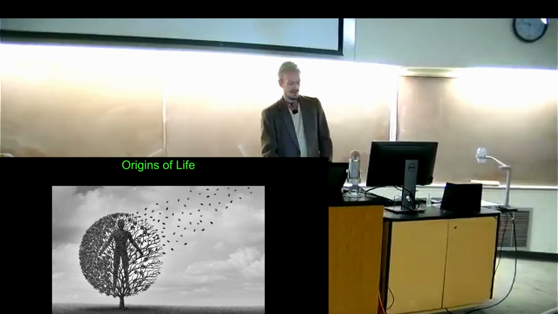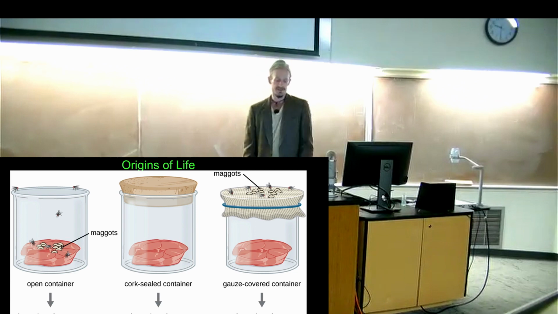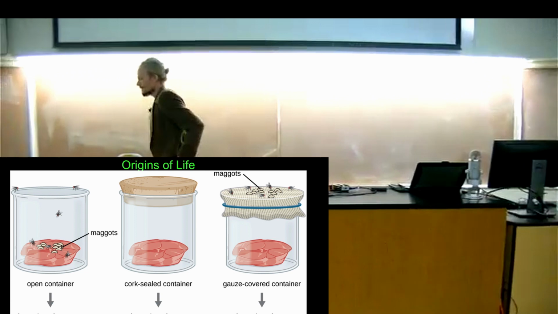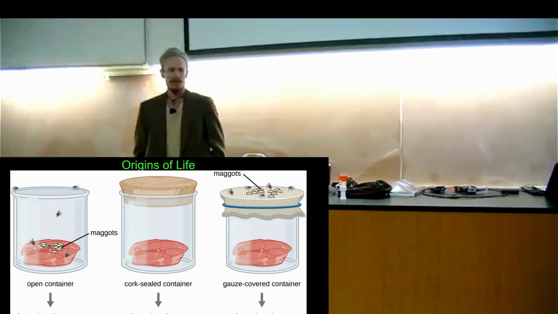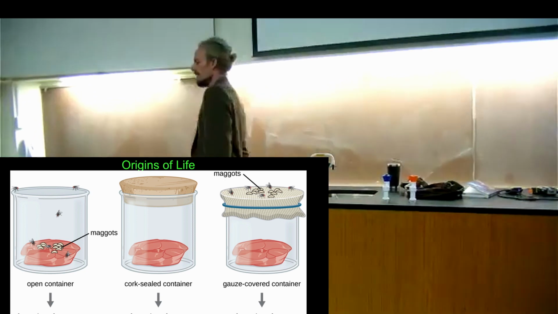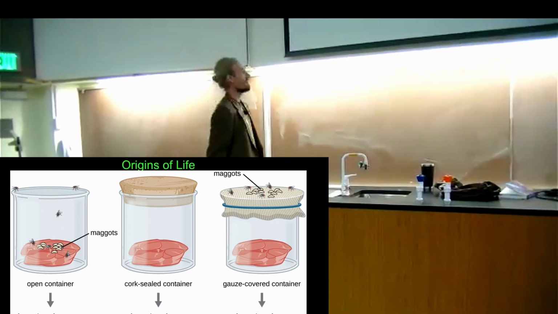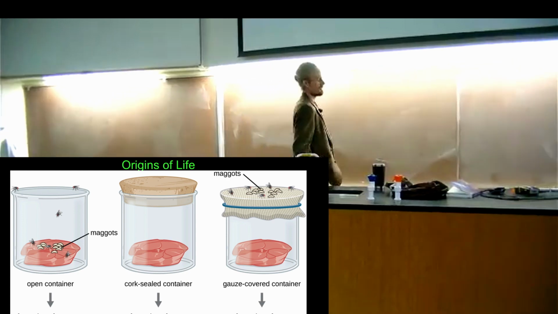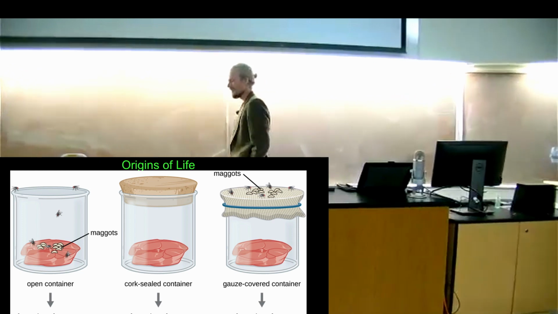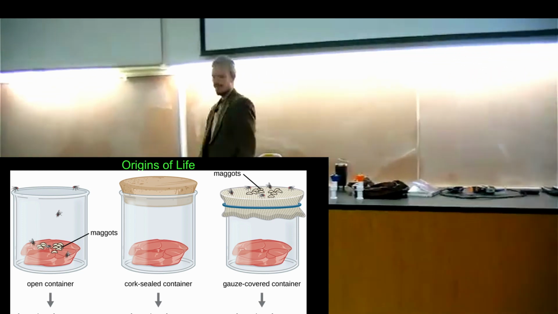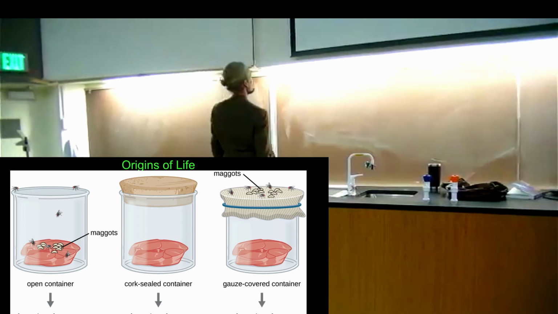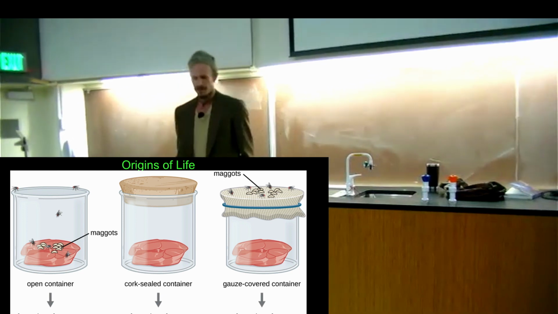All right. So like I said, people argued about this. This was a really interesting experiment from 1668. There was a great debate which raged all the way into the 19th century about whether there was some vital force responsible for life, or whether life had to come from other life. And he designed this very simple experiment where he noticed that meat would grow these maggots on it, which is kind of gross, as it will do.